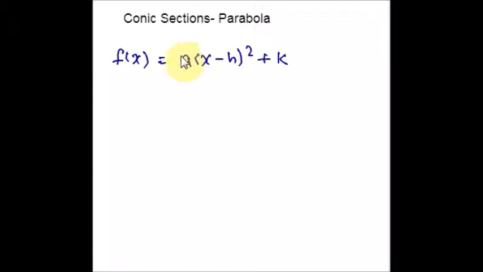In case this a is negative, then the parabola will open downwards. So this is the first information you should know about this one. And secondly, the vertex of the parabola is the point (h, k). So please be very careful with the signs when getting the vertex here. Okay. So whenever you get questions of this format, you can easily identify what the vertex is without any calculation.